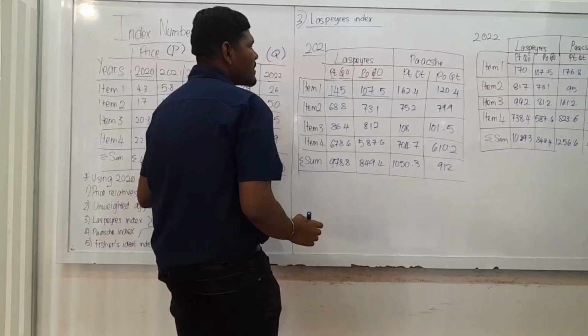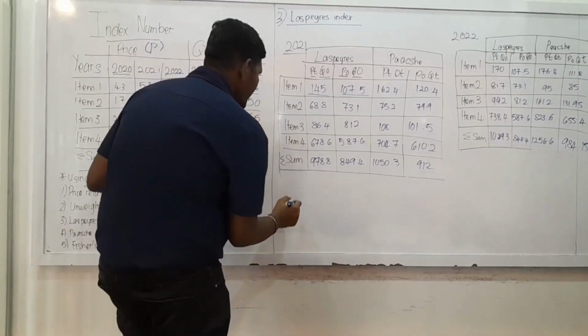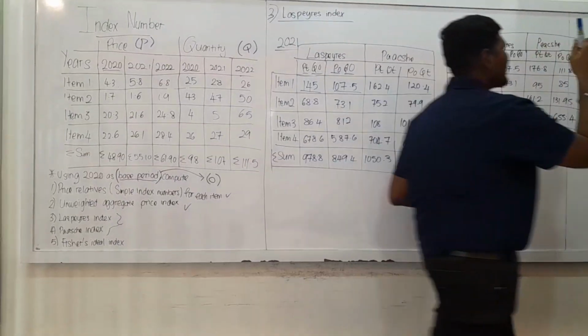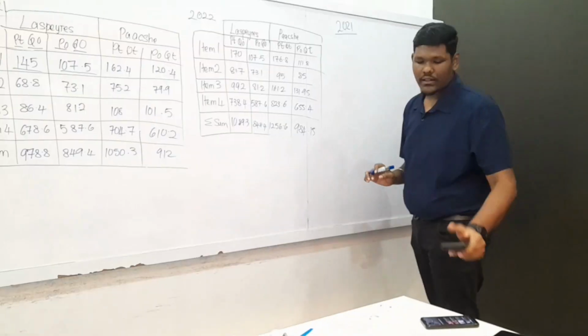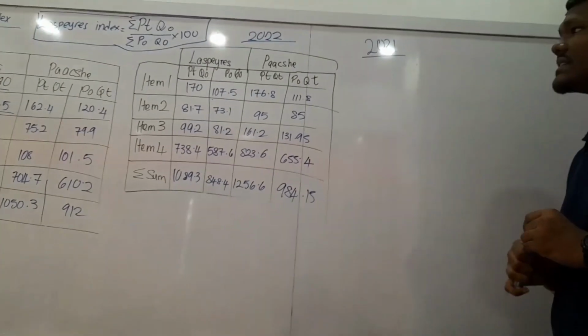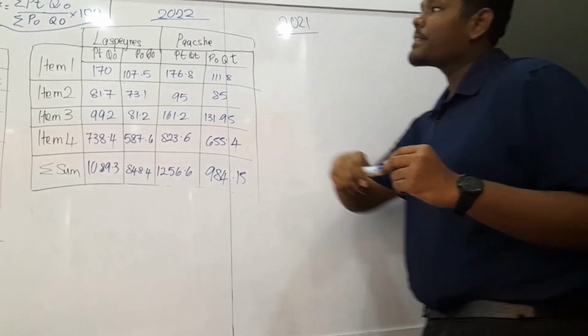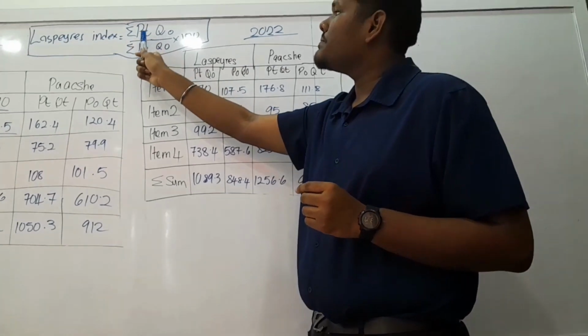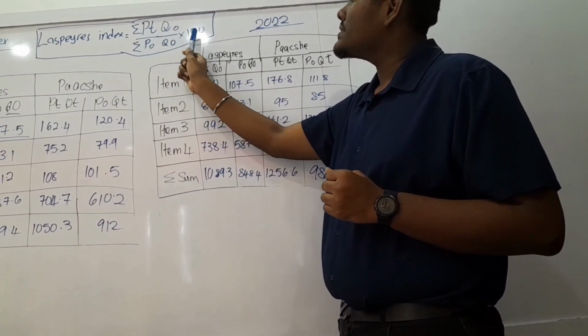So now let's do the calculation for 2021. First and foremost, let's see the formula: sum of PTQO over sum of POQO times 100.